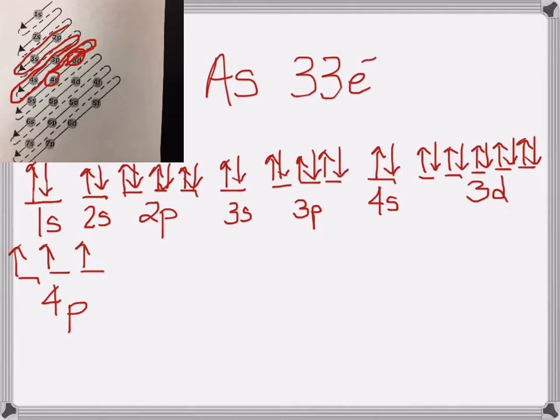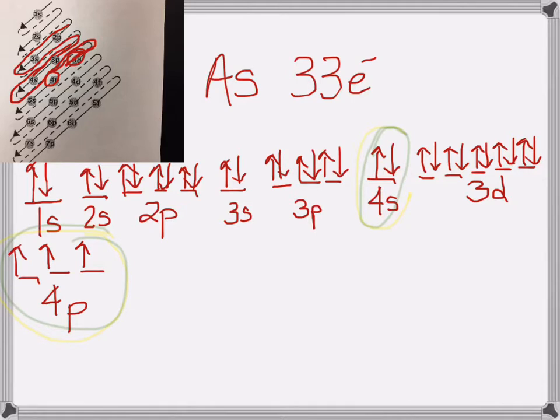Now, if I ask you how many valence electrons, you could use the periodic table, a little shortcut of looking at the column number and know that there's 5 valence electrons. Or you can look right here and right here. The highest energy level numbers that you have, the 4s, the 4p, that means that these electrons are going in the 4th energy level.